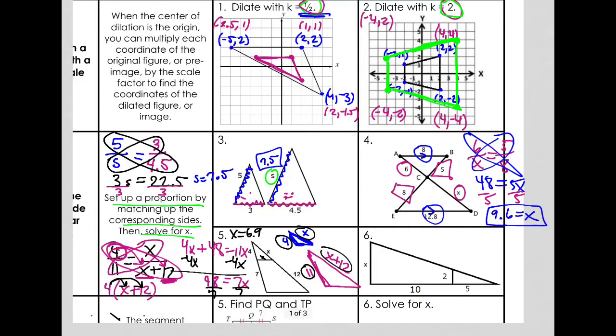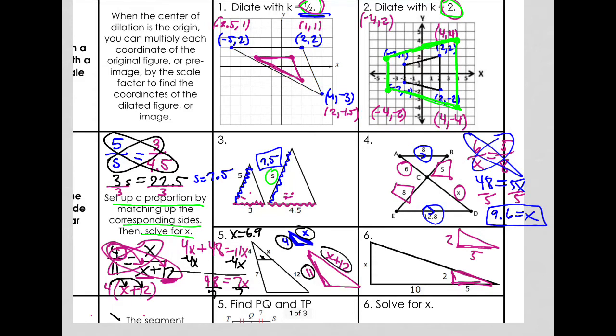Alright, so number 6. This is very much the same example. You can't do 5 over 10 and 2 over x because that's not one triangle side to the other. If we look at just the little triangle here, we'll make it in pink, those side lengths are 2 and 5.